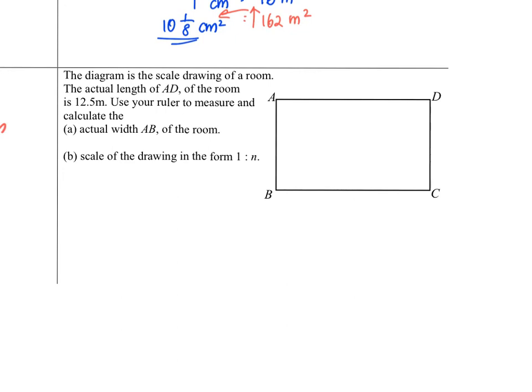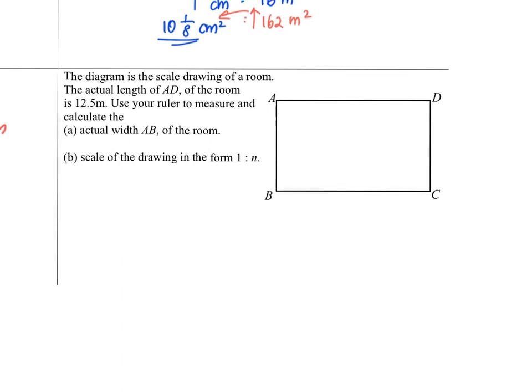So what you need to do here is measure this length over here, A to D, on your diagram. You need to tell me what the measurement for your length is. So for map is to actual, using your measurement, something cm, probably 5 cm or something, I'm not very sure how much it was, is to 12.5 meters.